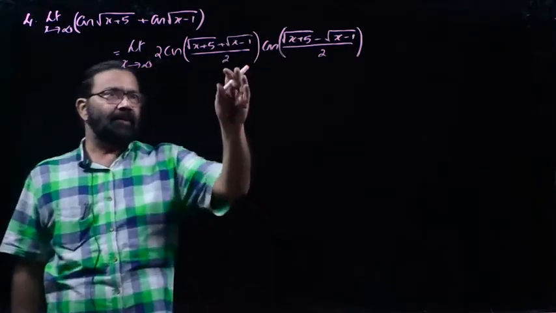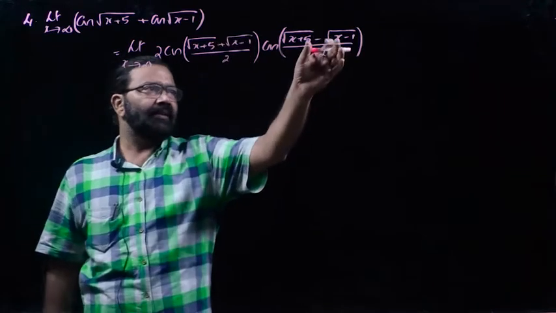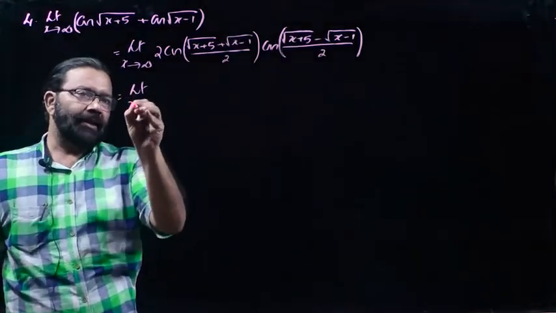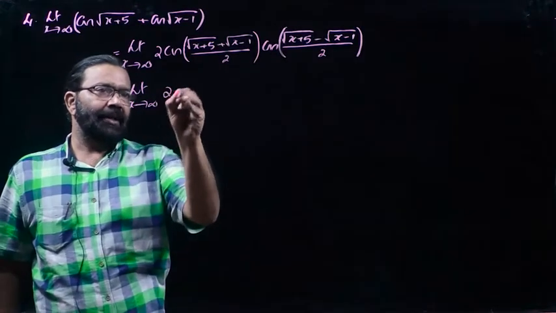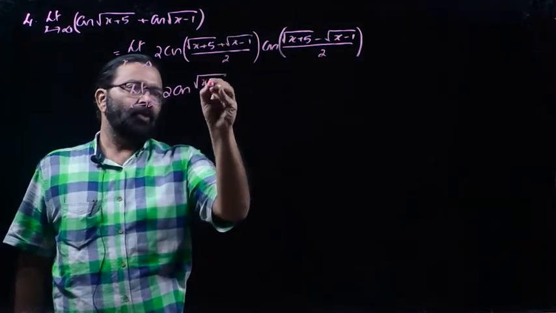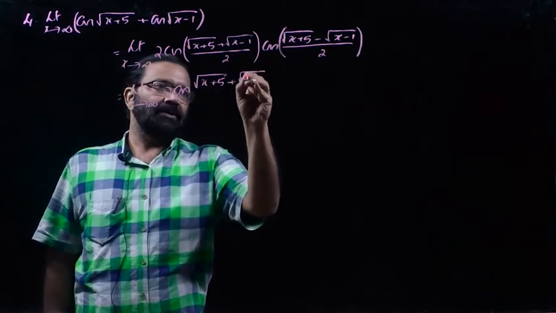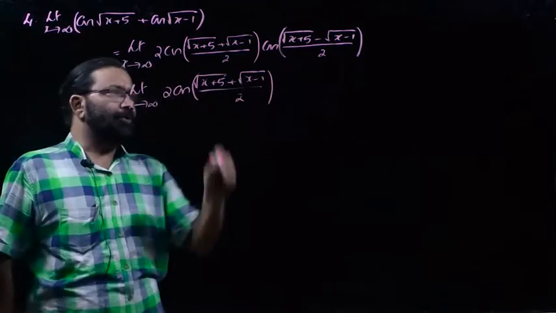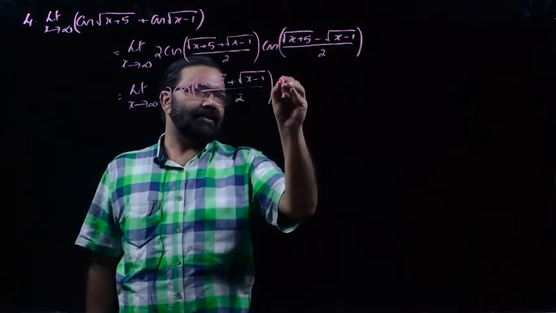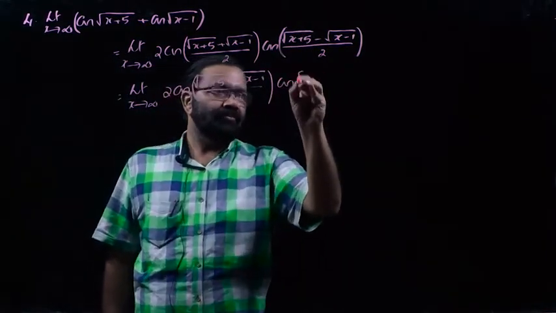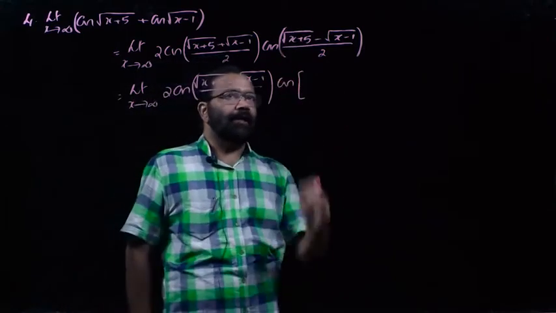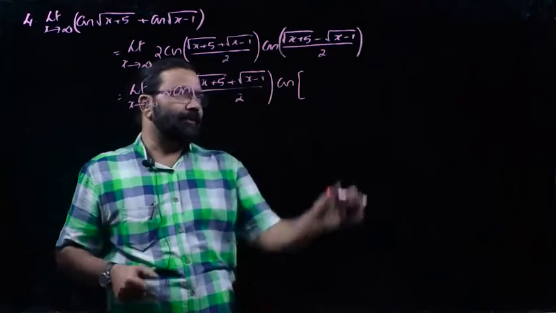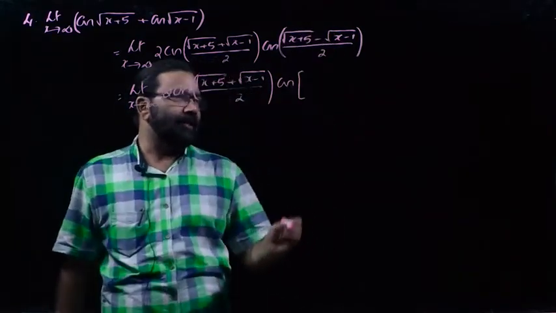Again, as in the previous problem, here this goes to infinity. Here we have infinity minus infinity form. So, to avoid that, limit x tends to infinity, 2 cos root of x plus 5 plus root of x plus 1 by 2 into, we are rationalizing as in the previous case, cos, you multiply both numerator and denominator by root of x plus 5 plus root of x plus 1, so that here it becomes a plus b into a minus b form.